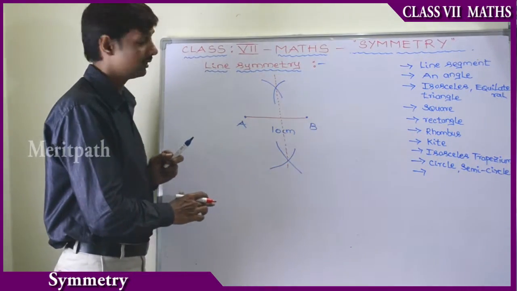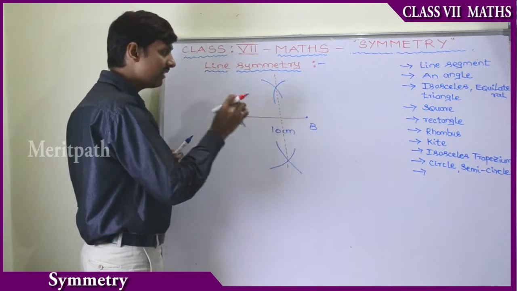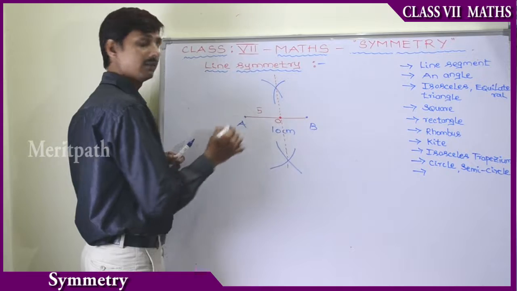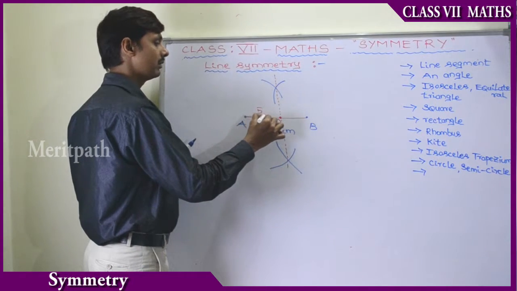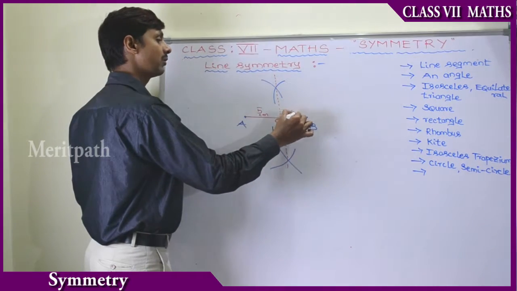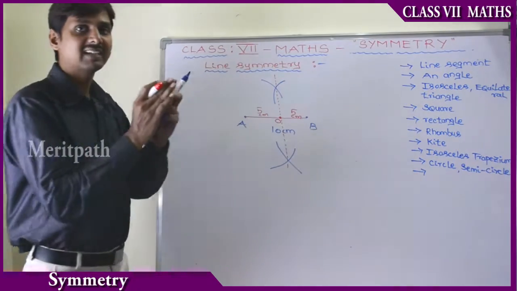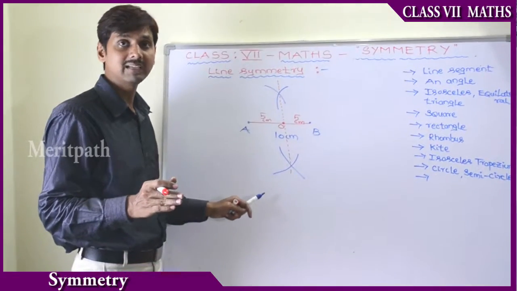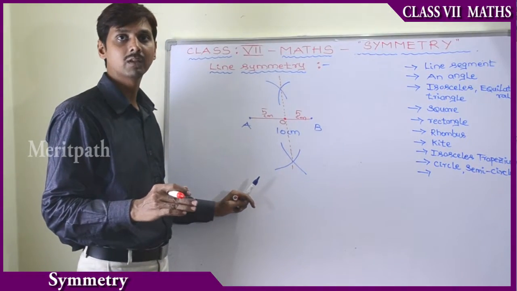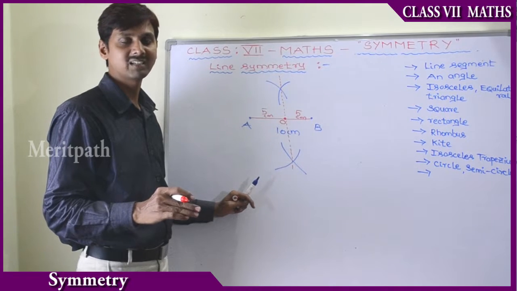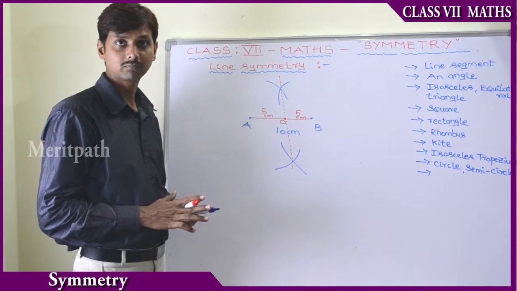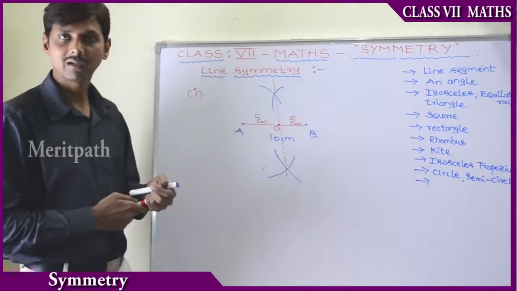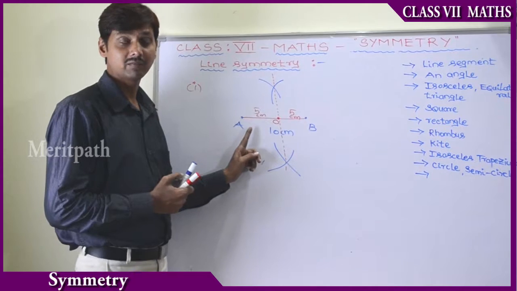So this is the perpendicular bisector of AB. We call it the perpendicular bisector because it divides the segment into two equal parts. If we take this point as O, then OA is 5 centimeters and OB is also 5 centimeters. So it divides it into two equal parts. The line we have drawn is called a line of symmetry, drawn for a line segment of 10 centimeters.